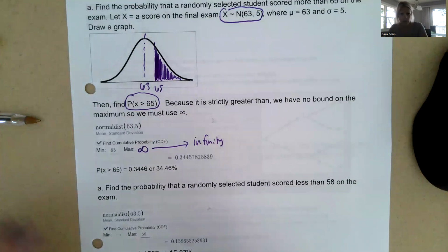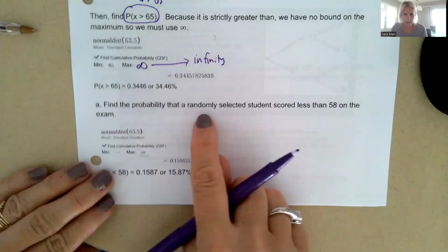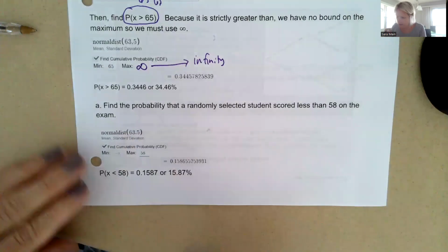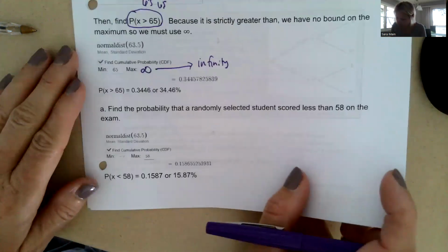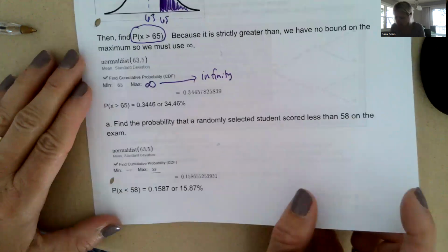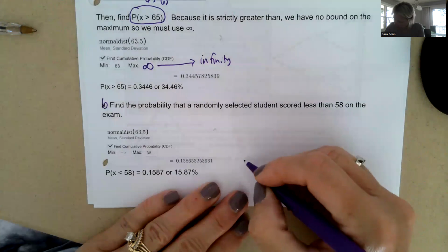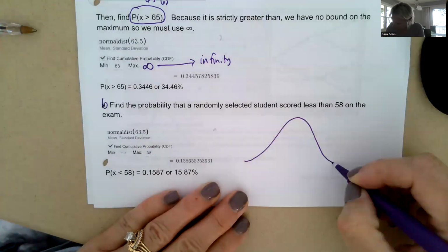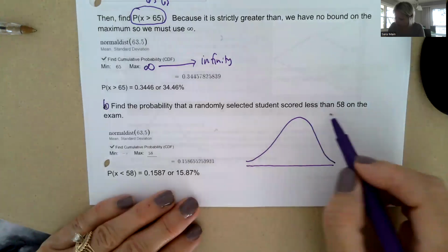Okay, let's look at another one. The probability that a randomly selected student scored less than 58 on the exam. And I didn't put a curve here for you. And this should be B. So let's put a curve. So this says the probability that a student scored less than 58.